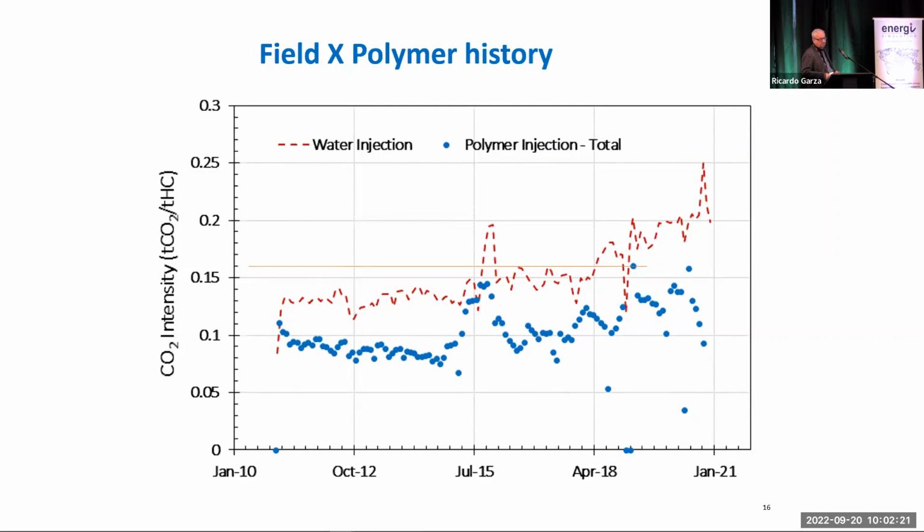And we saw that the carbon footprint, or CO2 intensity, is much lower for the polymer injection. You are already into a stage where we have a high water cut in this case, but it's not extreme, so it's around 70%.